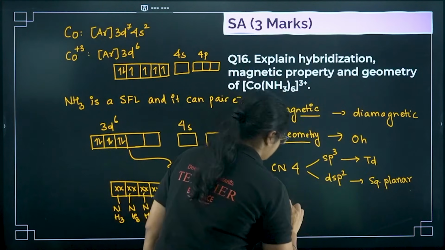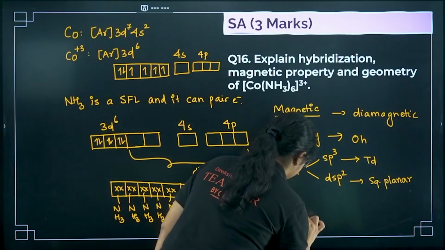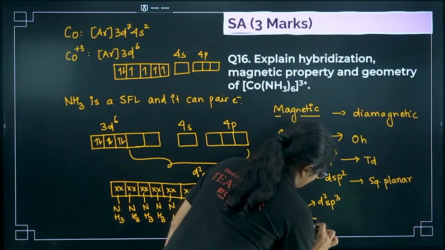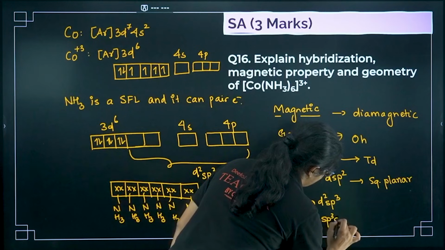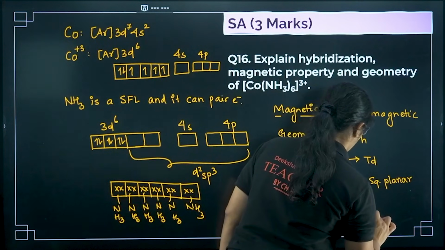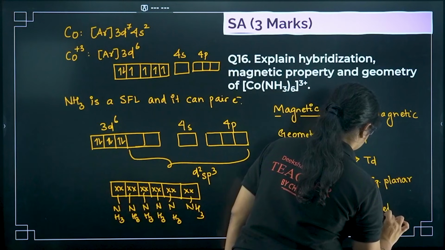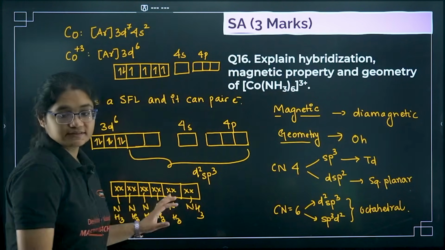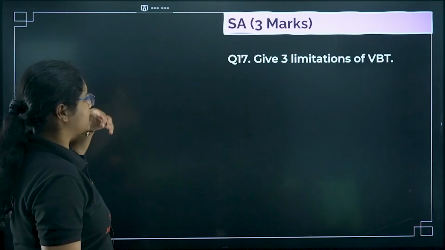Similarly, for coordination number 6 we have d2sp3 hybridization and sp3d2 hybridization, and both of these geometries are called octahedral. Clear? Done? This is clear? Okay, let's move to the next question.